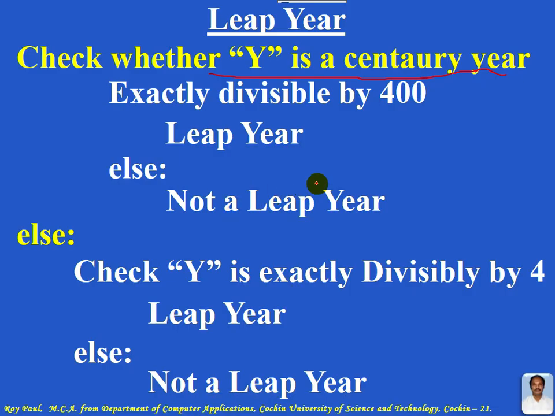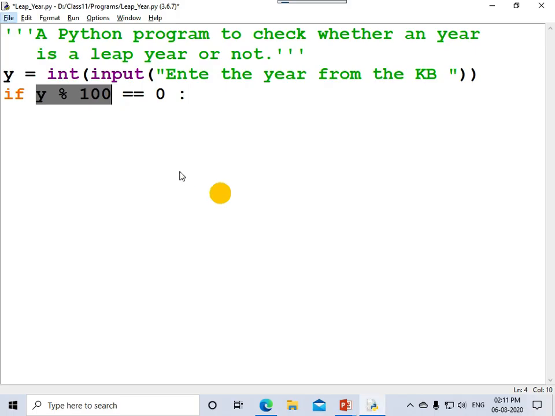If Y is a century year, what should I do? Check whether Y is exactly divisible by 400. Now, if Y is exactly divisible by 400, so Y modulo 400 equal to 0. Here indentation is very important. This if is part of this one.